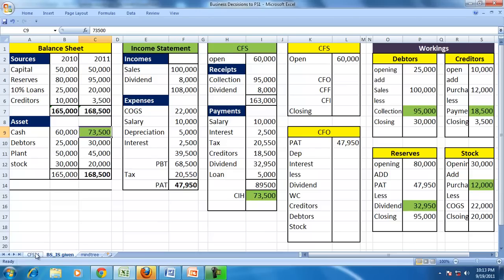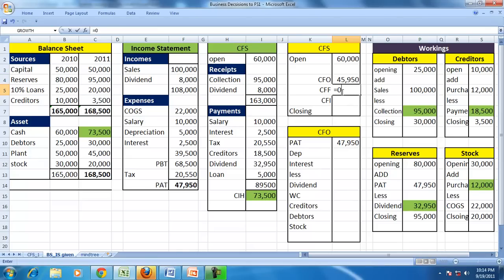But as we have done in the previous example, let us also convert the receipts and payments into operations, financing and investment. Cash from operation: 95,000 minus salary, minus tax, minus creditor will give us the cash from operation.